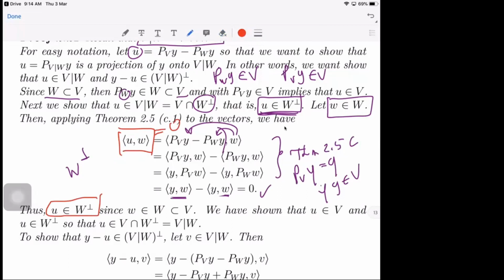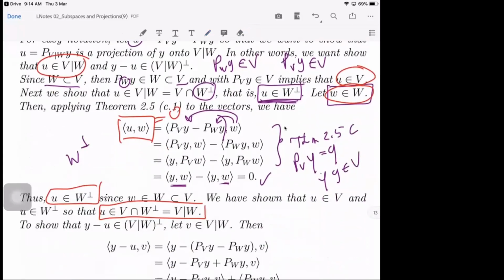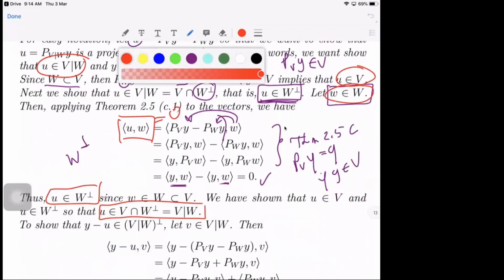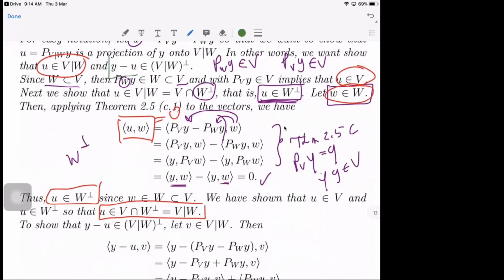It is also that U is in V. Then it must be that U is in V mod W. So we are done with this part. The next thing that we have to show is Y minus U is in V mod W perp.